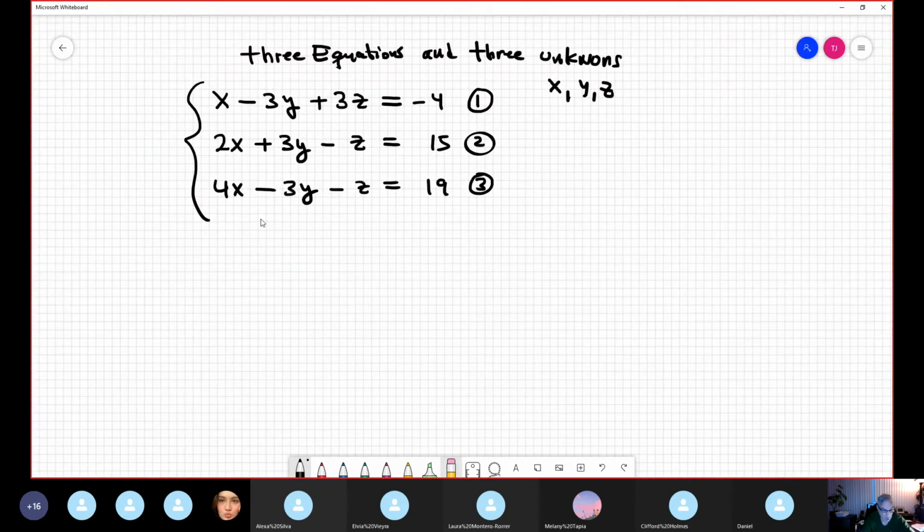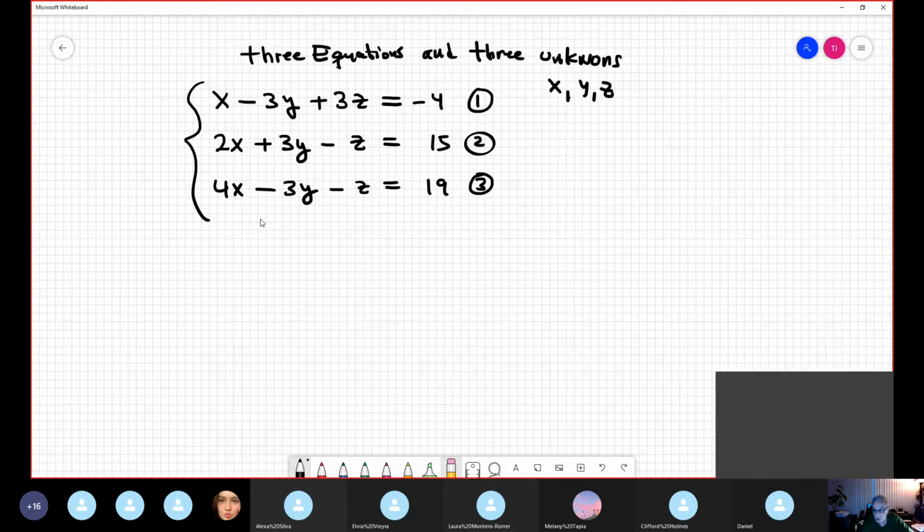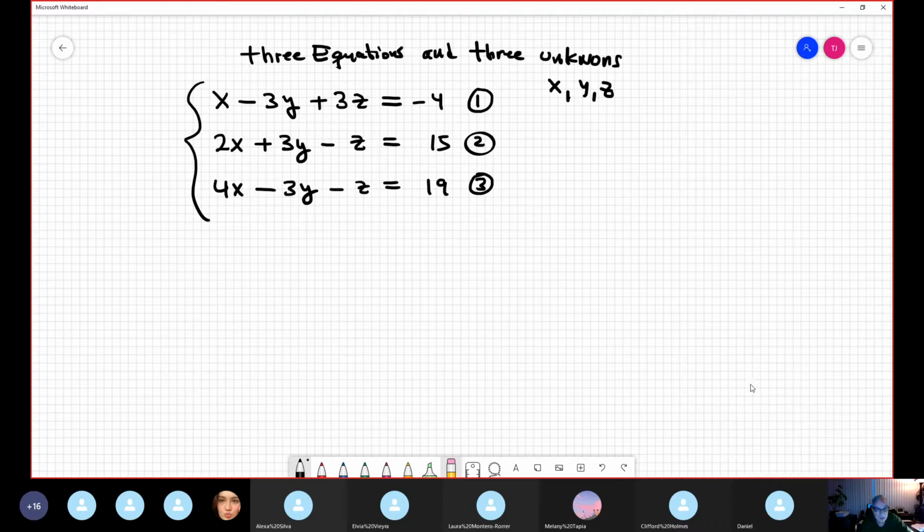For example, you pair 2 equations for elimination. Pay attention, please. You pair equation 1 and equation 2.